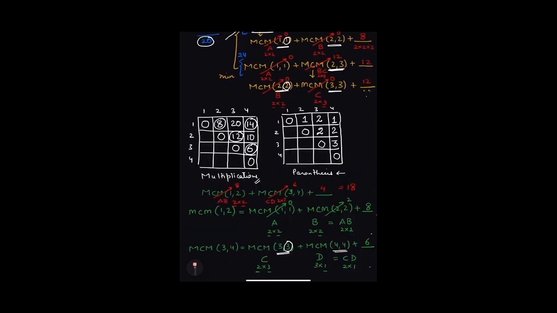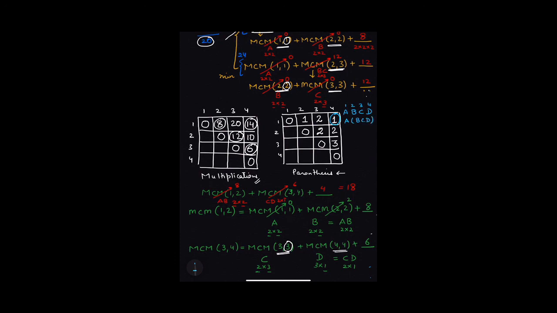So now let us understand how the parenthesis has been fixed. So A, B, C, D, where A is 1, B is 2, C is 3, and D is 4. Then we can see that at the fourth index, we are splitting our matrix at the first position. So basically, you would be getting A and BCD as the next step.